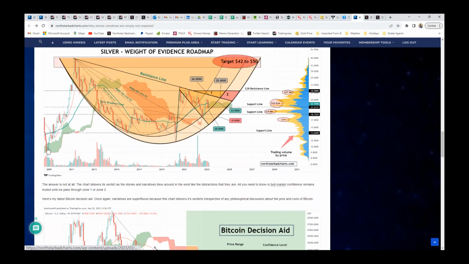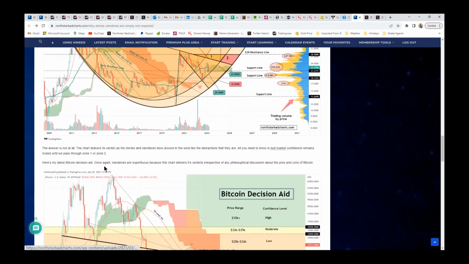It did the same sort of thing back here in 2009, and multiple times here, 2017, 18, again in 2019-20, this red ichimoku cloud acted as resistance, and the price action found a weak spot in the cloud there and catapulted itself up through that weak spot, and off it went. So that's yet another piece of technical evidence that we can use.